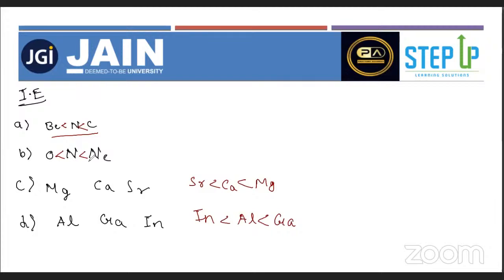Here Li has the most, then N, then O. I think this is fine. Then next we are comparing magnesium, calcium, and strontium. Magnesium will have more than calcium, then strontium. And I'm comparing this: gallium will have more than indium, thallium more. Okay, so all good. I hope everyone got that.